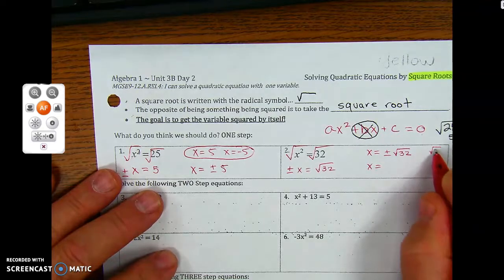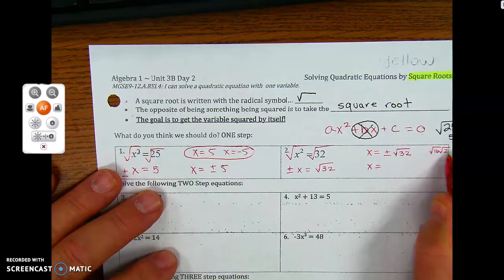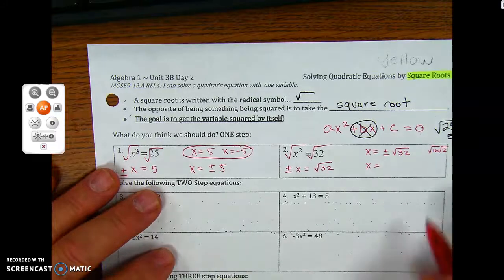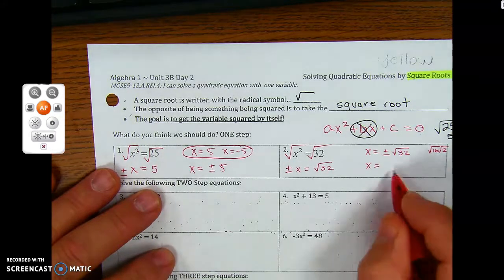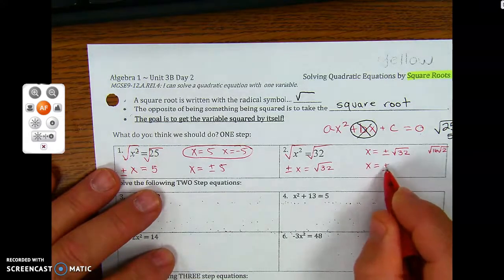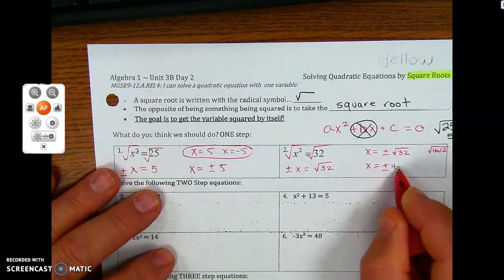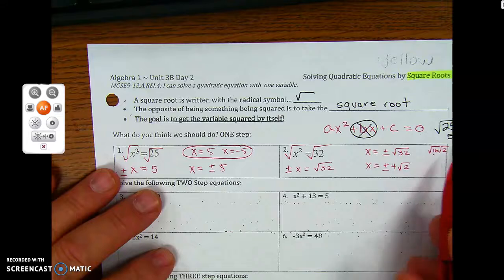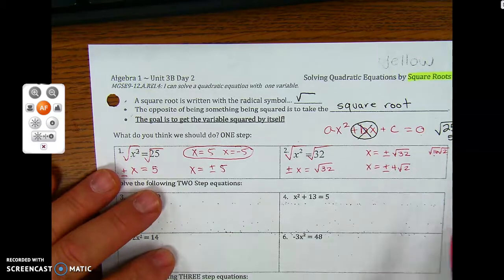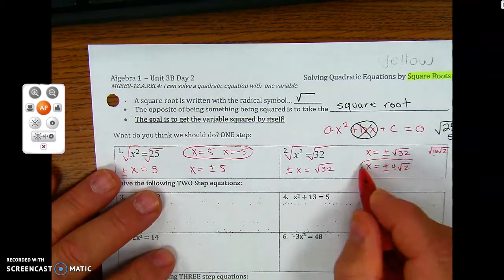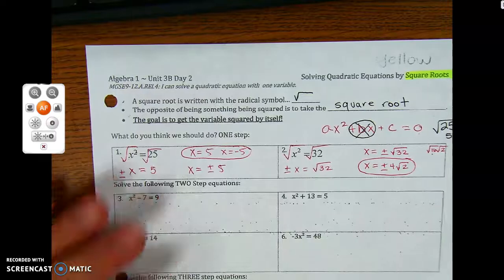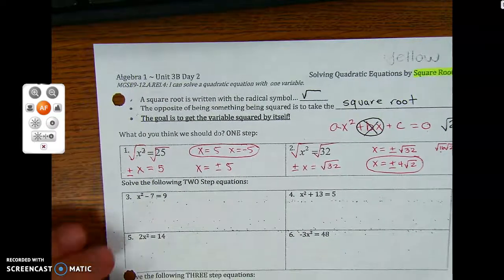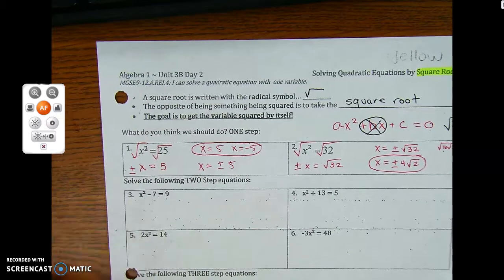The square root of 32 is 16 times 2. The square root of 16 is 4. So the answer ends up being 4 times the square root of 2. One of them's positive and one of them's negative. Since I'm out of room, I'm going to leave it written like that, but I could separate it into two answers.